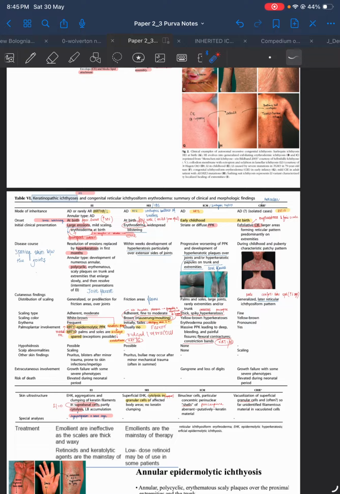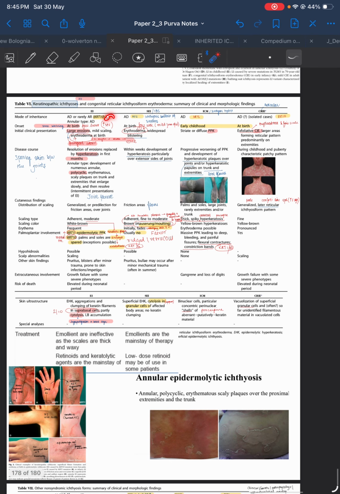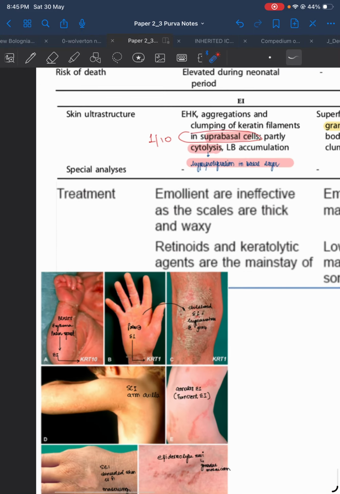Here, when the hyperkeratotic plaque is dislodged, it leads to an eroded base. Here, when it is dislodged, it leads to the Mauserung phenomenon, which means that the underlying skin is normal. Keratin 1 and 9 are present in palm and sole, so remember that 1 and 9 are present in palm and sole. If keratin 1 is involved, palmoplantar involvement will be there, which is in epidermolytic ichthyosis.